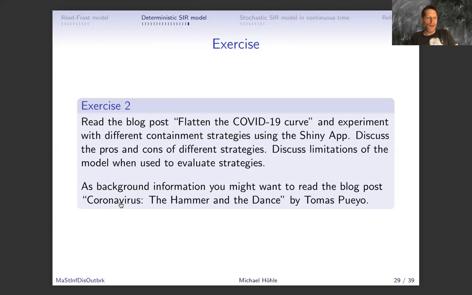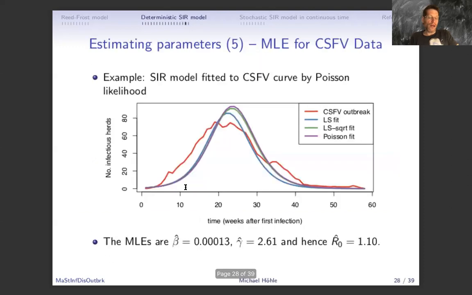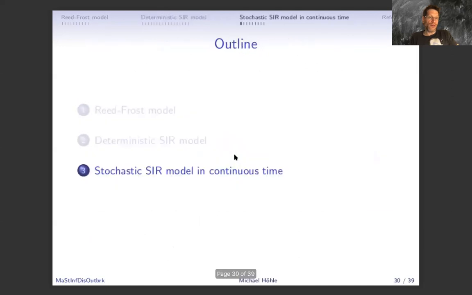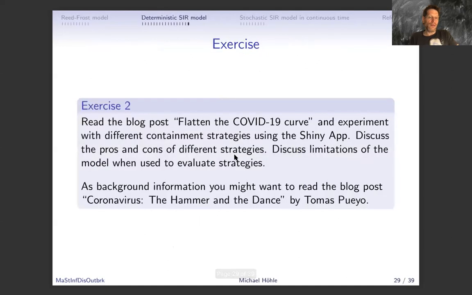There's also a nice overview blog post, which is very non-mathematical, about the hammer and the dance. And this is also related to outbreak management. How can you do outbreak management? And here with the classical swine fever data, but you can discuss also for the COVID outbreak.